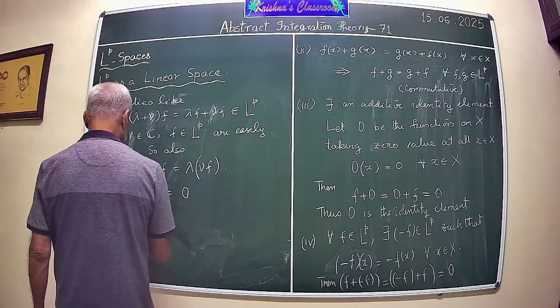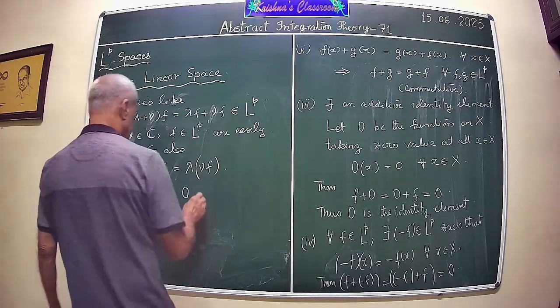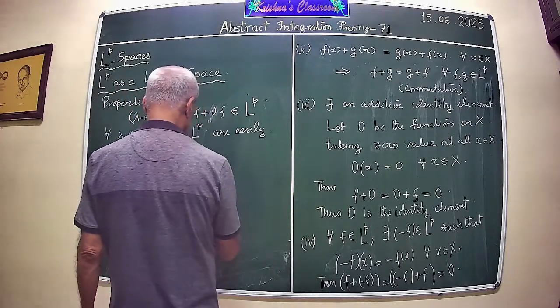Now this is the 0 belonging to C, and this is the 0 belonging to LP.